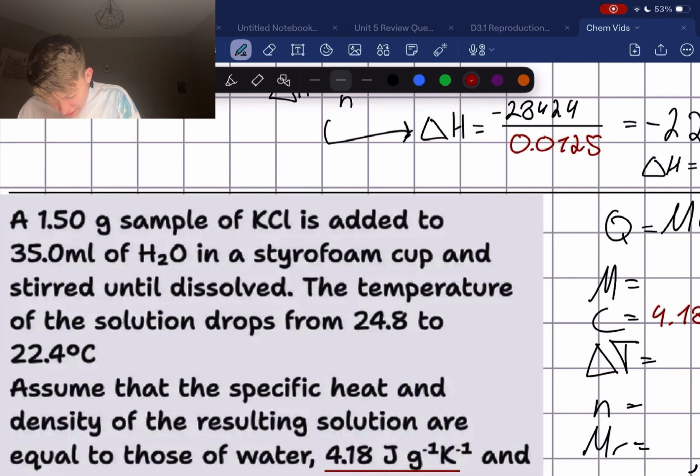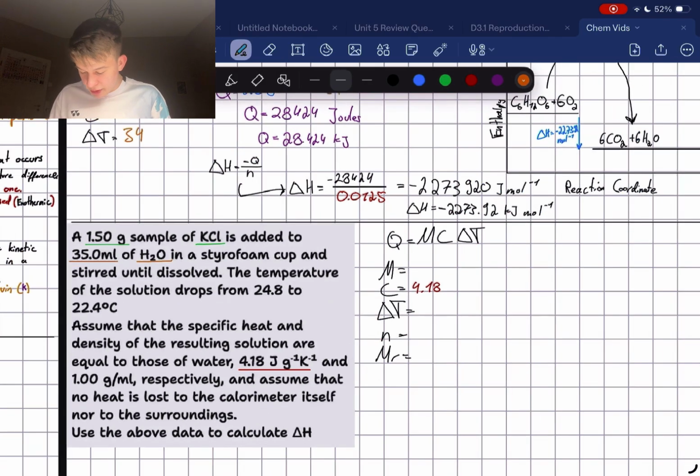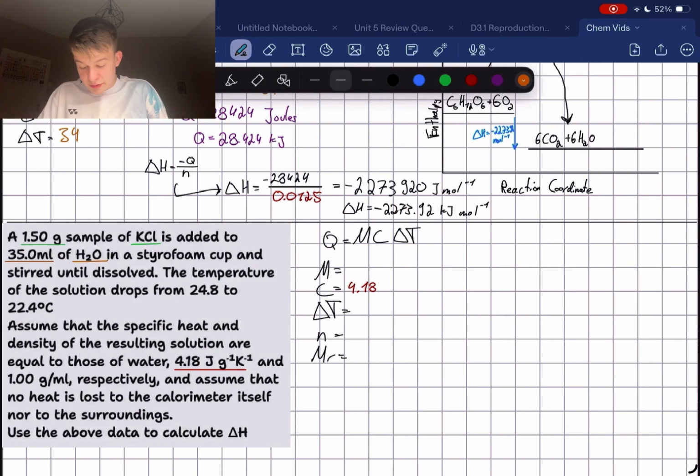So we have grams, but we also have, let's use a different color. We have 1.5 grams of KCl, and we also have 35 milliliters of H2O. Since we know it's water, therefore we use the 35.